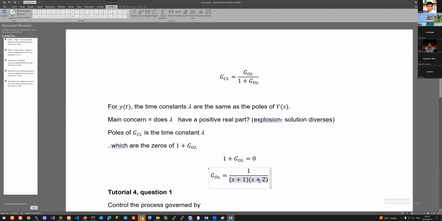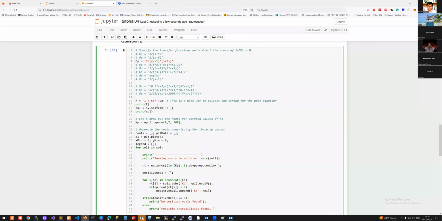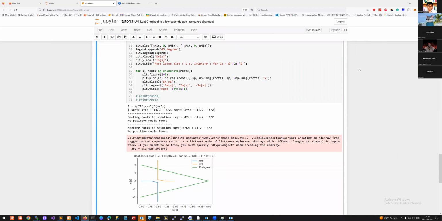So it's a second order process in open loop. And like before, we will multiply by Kp and look for the roots of this equation. Let's just run this. And we can see here, yes, that's our equation.